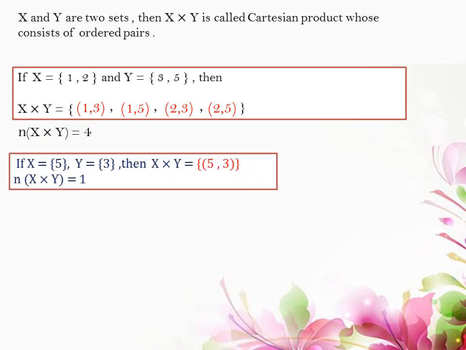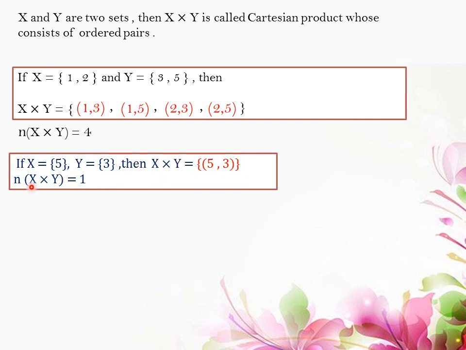Another example: if the set x equals {5} and the set y equals {3}, then the Cartesian product x cross y will be (5, 3) as an ordered pair, and the number of elements equals 1.